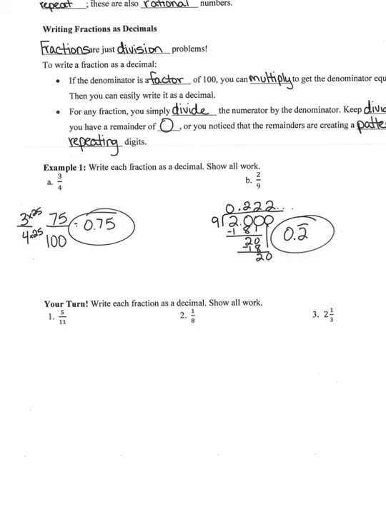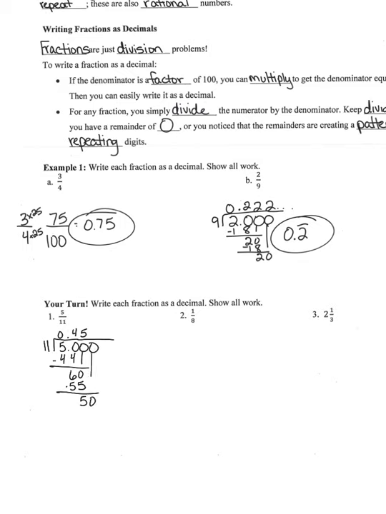All right, so let's do these your turn problems. Here we have number 1, 5/11. So I'm going to put my top dog in the house, add my decimal and my zeros, move up my decimal point. 11 does not go into 5, but it does go into 54 times. 11 times 4 is 44. Subtract, 6. 11 goes into 60 5 times, which is 55. Subtract, I get 5.